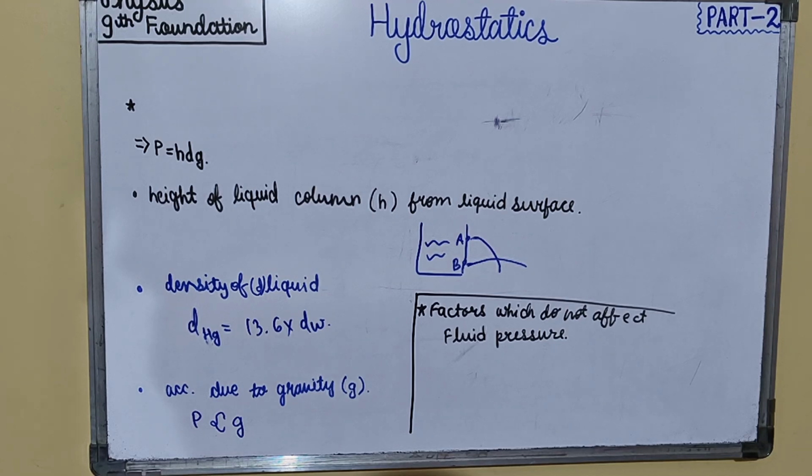Second, even though the area of the cross section of the containers is not the same, the pressure is the same. Thus, the pressure is also independent of the area of cross section of the container. And third, pressure is independent of the direction too.